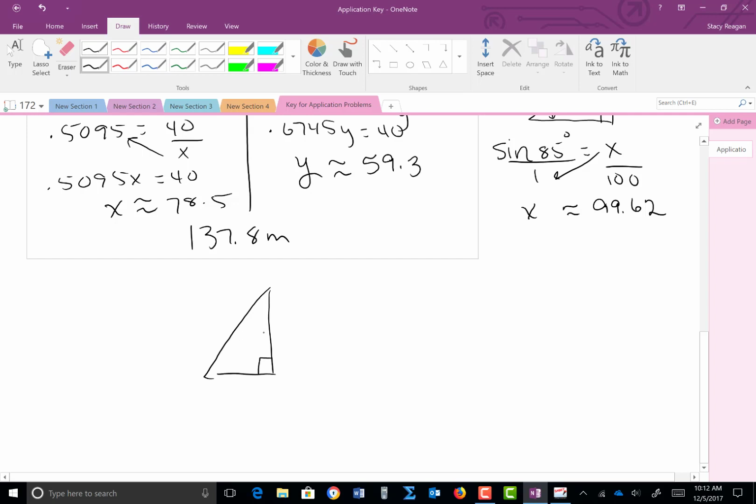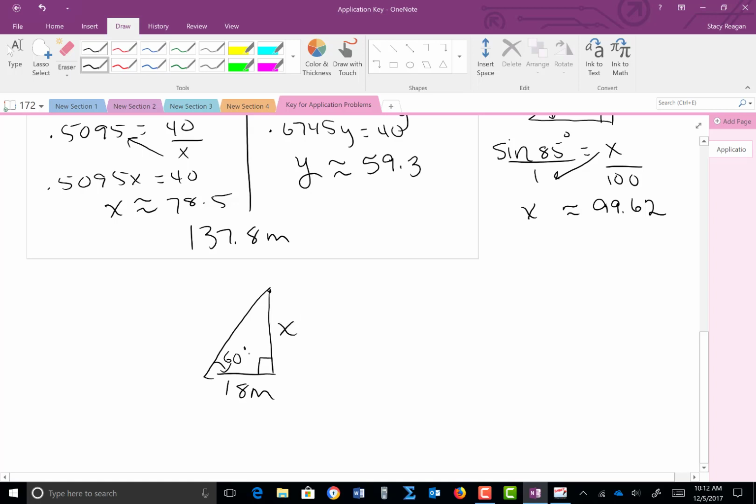It's shaped like a right triangle, and the base is 18 meters. If it makes an angle of elevation to the top of the sail, so here's the top of the sail, the angle of elevation would be 60. How tall is the sail?